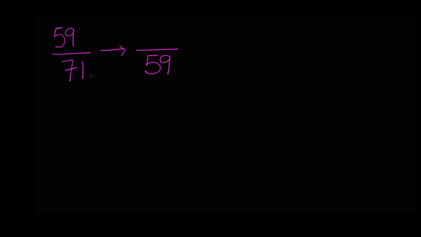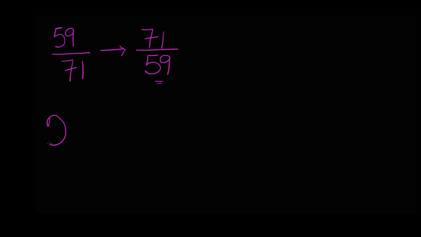And then 71 goes to the top. That means that the reciprocal of 59 over 71 is 71 over 59.